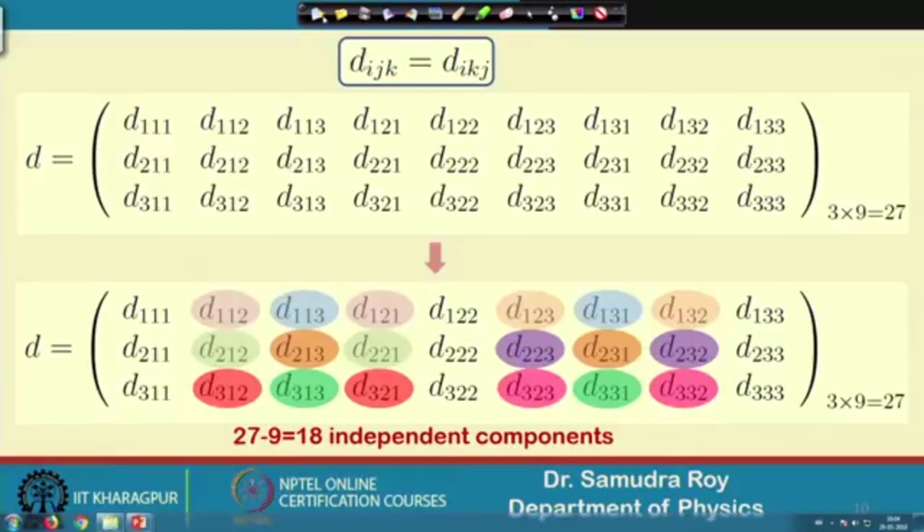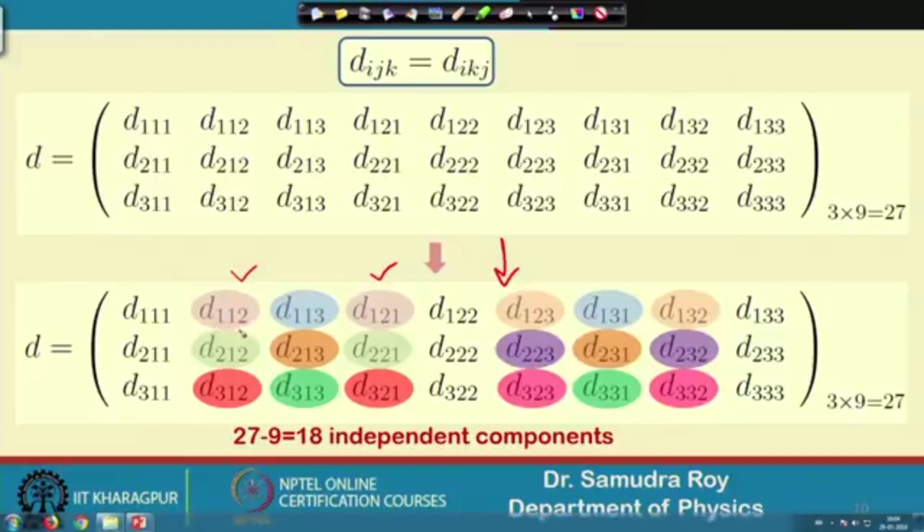Once we have Dijk equal to Dikj, then if I look very carefully, from here to here, we find that these components and these components are the same. All the components which are marked with different colors are the same.